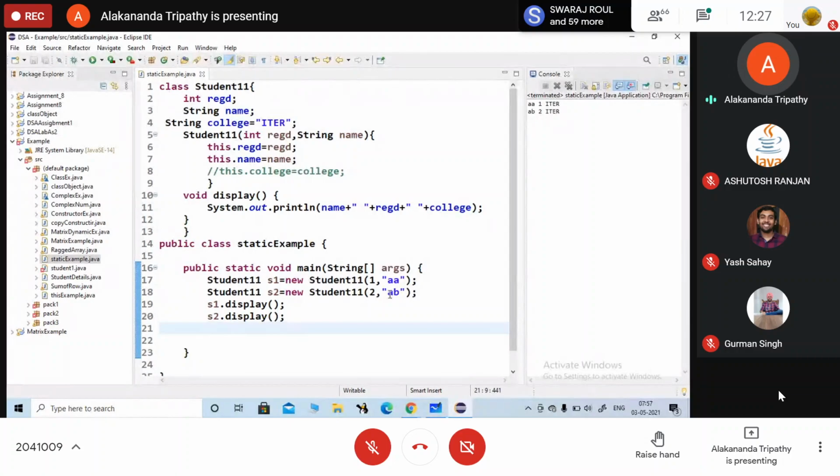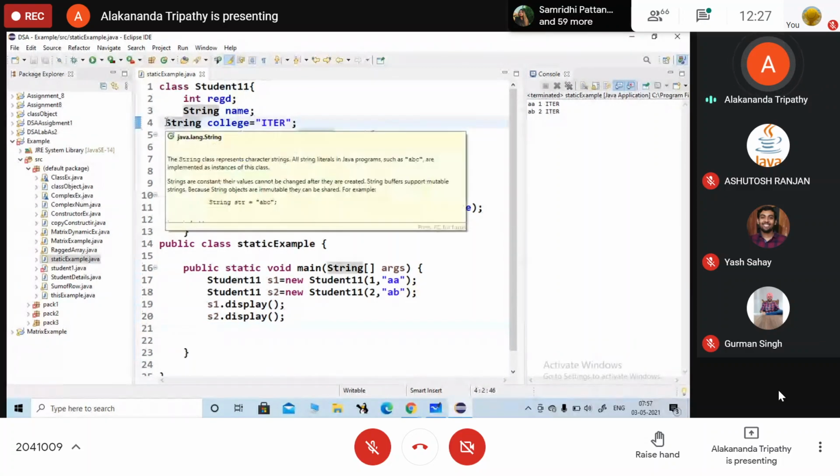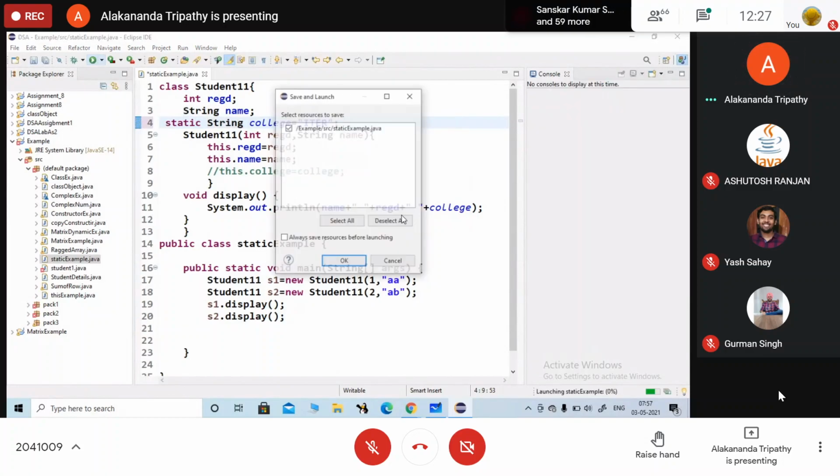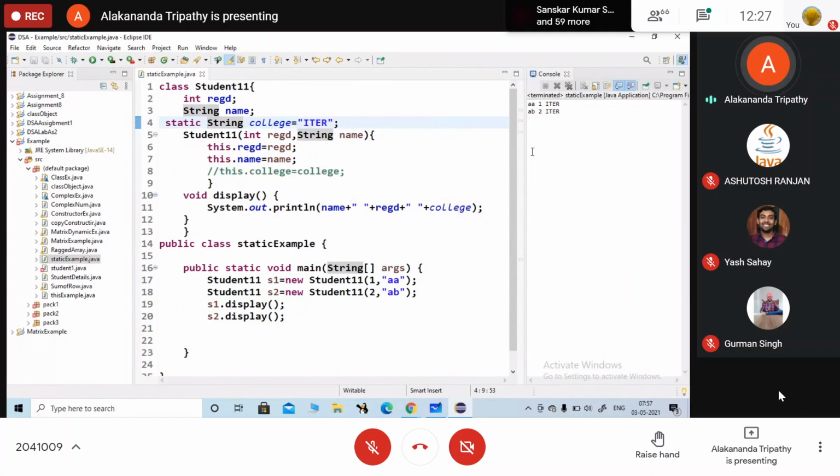Okay. I will show you another example. Let here put it as static. Should I go with another example to show the common memory location? Yes, ma'am. Here it cannot be found because it has already been defined.